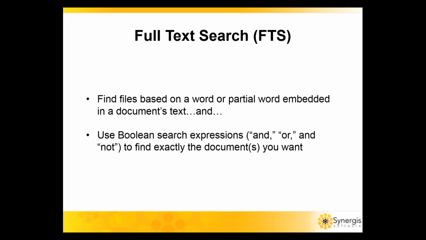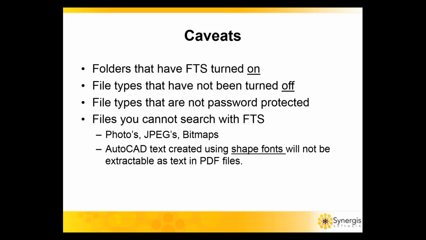And if I come down, there are some caveats that I really want you to know about. So what are the exceptions? First off, full text search will work only on folders that have it turned on. Your administrators have the option to turn this feature on or off, so if it doesn't work for you, you may have an idea why.